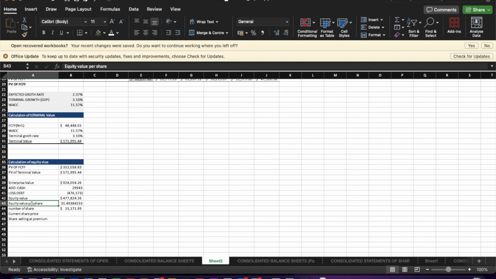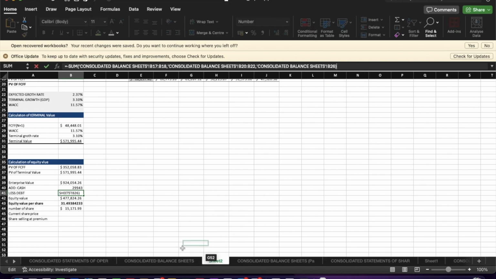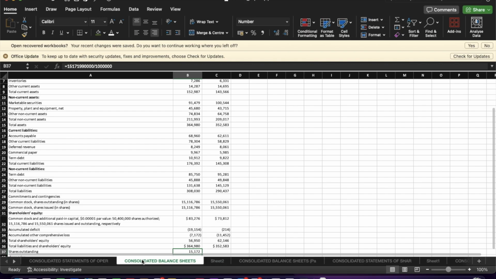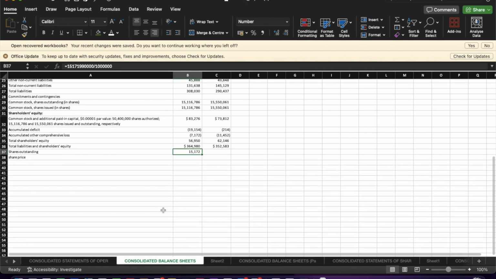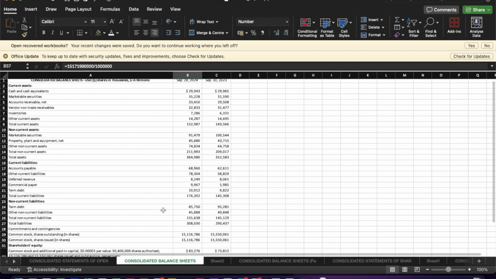So equity value per share 31. Okay. Oh, I think I forgot to do my correction for the short-term debt, which is subtracted.